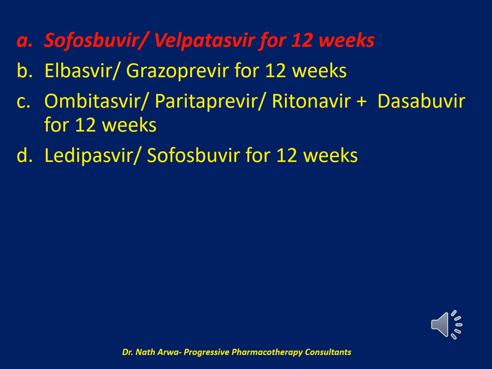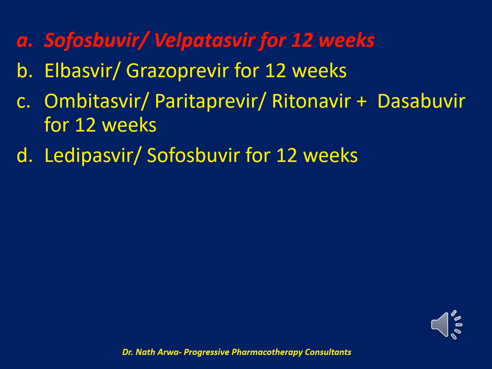Daclatasvir plus sofosbuvir for 16 to 24 weeks is an alternative regimen. Ledipasvir plus sofosbuvir, elbasvir plus grazoprevir, and ombitasvir plus paritaprevir plus ritonavir plus dasabuvir do not have appreciable in vitro activity in genotype 2 infection. That makes answers B to D incorrect.